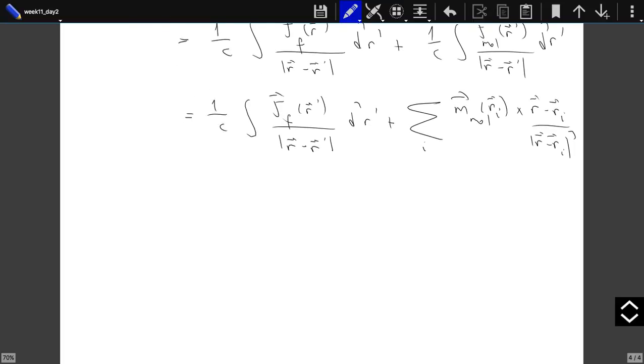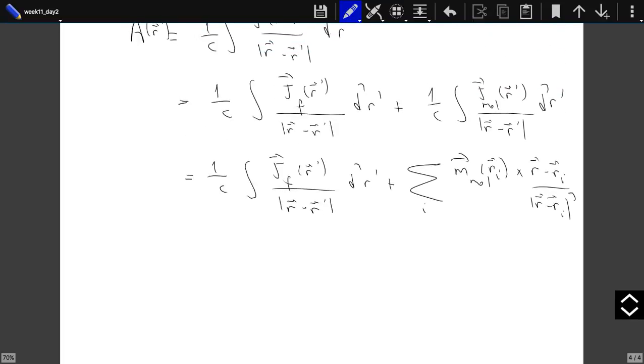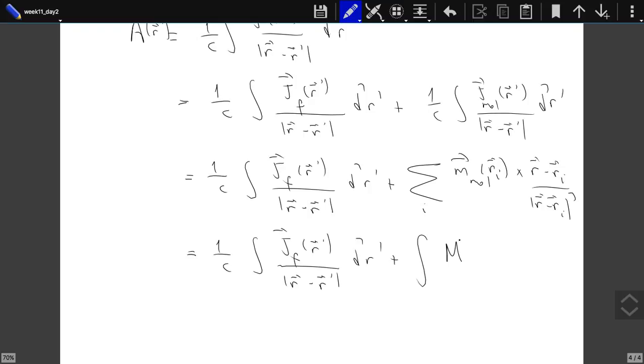I'm skipping certain steps, but we can convert this summation over all the atoms to an integration over the average magnetic dipole moment in a given region. So we will write this as 1 over C, the integral of J_free of R prime over R minus R prime, d cubed R prime, plus, now not a summation but an integration, of the magnetization at the point R prime cross R minus R prime over the cube of R minus R prime.